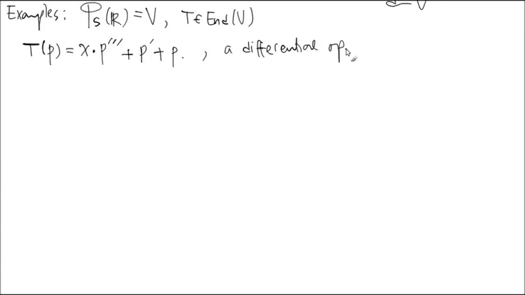Okay. So do you believe this is linear? I just wrote down the operator. If I give you a function, you're going to differentiate 3 times and multiply by x, plus the first derivative of the input, and so on. This high order derivative is a different linear operator, right? And multiplying a fixed polynomial to something, that was also a linear operator.